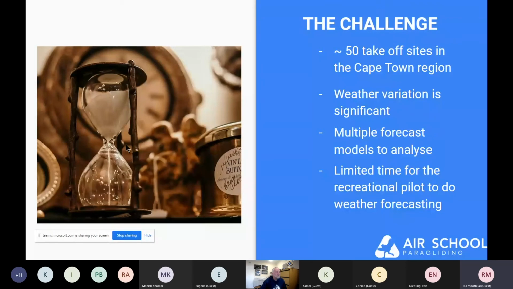To spend hours doing weather forecasting is a bit much. And so what happens is mostly people will look at the sites that they are familiar with, the ones that they do most of their flying at, and because of that, they neglect the other possibilities and don't fly as much.